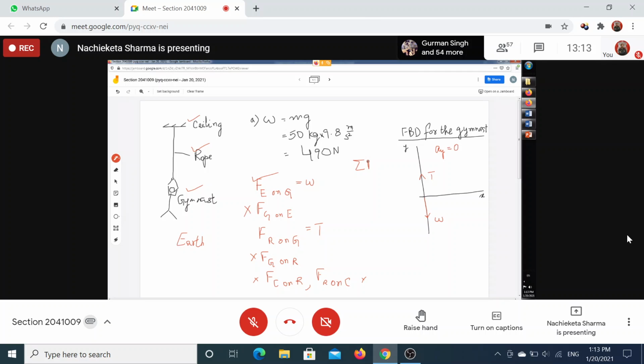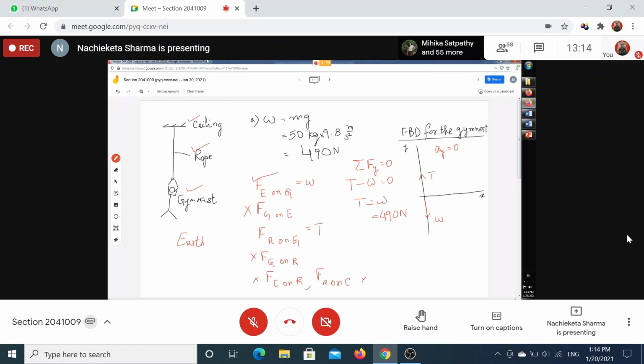So sum of all Fy is equal to 0, and I will write T minus W is equal to 0, or T is equal to W. Because I have already found my W, my T will be 490 Newton. So 490 Newton is enough for the tension of the rope in order to support a gymnast of mass 50 kg. Is it clear to you?